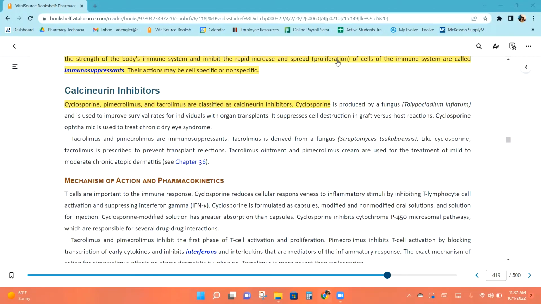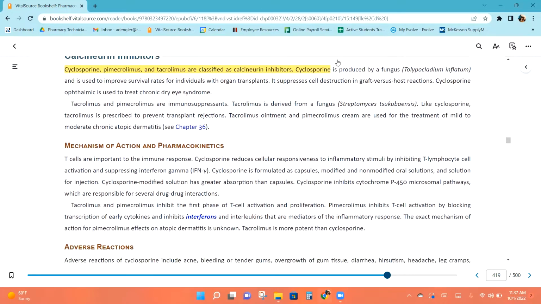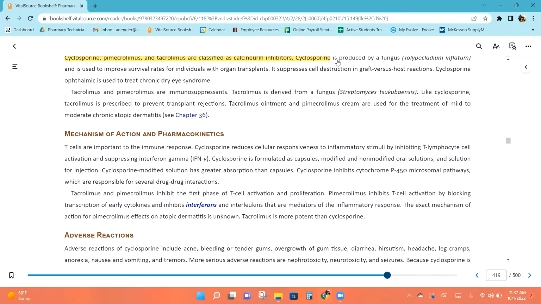Cyclosporine, pimecrolimus, and tacrolimus are classified as calcineurin inhibitors. Cyclosporine is produced by a fungus and is used to improve survival rates with individuals that have received organ transplants.